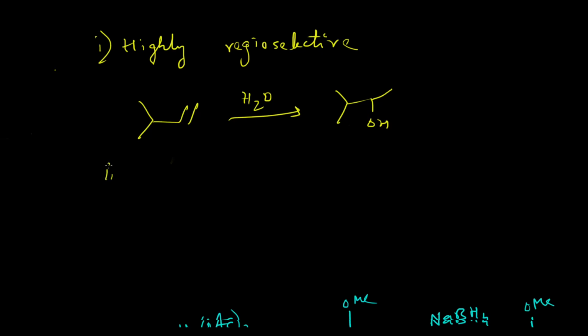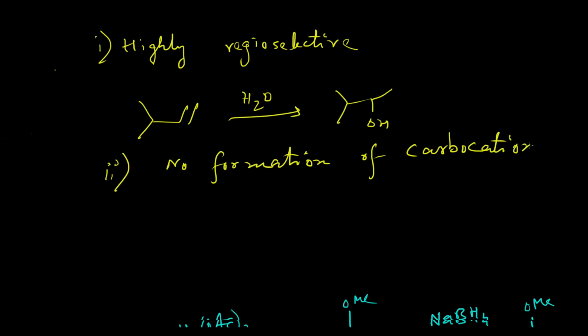And another aspect is there is no formation of carbocation during the reaction, which means there is no chance of carbocationic rearrangement during the oxymercuration reduction reaction, and that's why no rearranged product is obtained. So that's why it is of high synthetic value in organic chemistry.